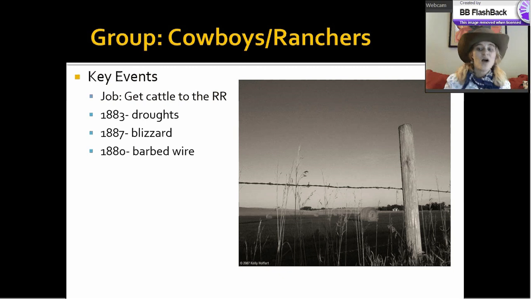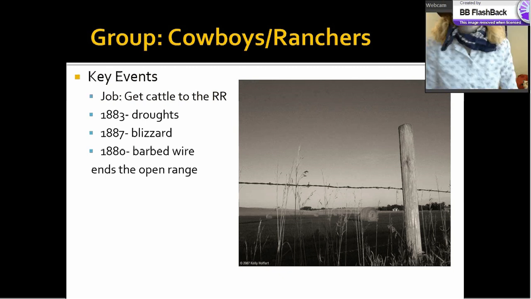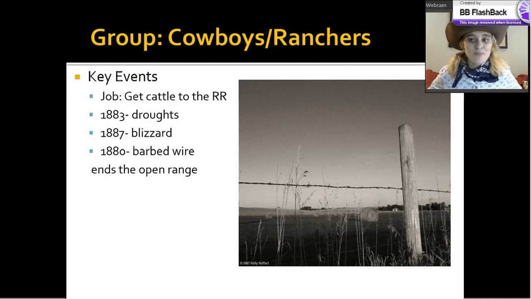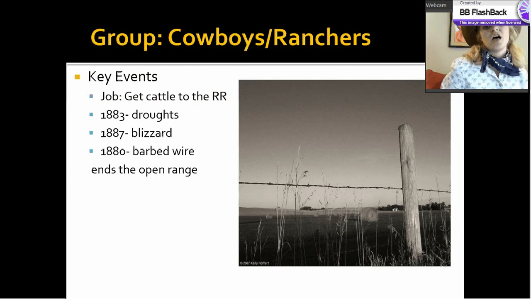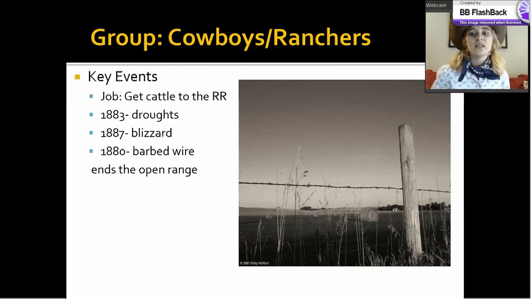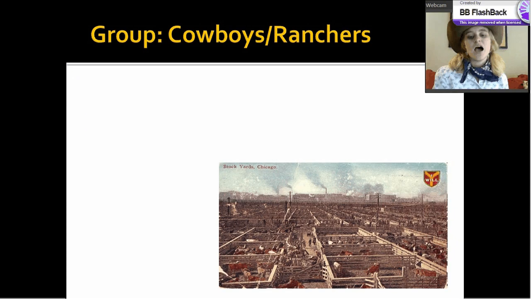And so barbed wire really brings an end to the open range because they cannot move their cattle. So this is going to be a big issue for a lot of the cowboys, and like I said, really brings an end to the cowboy era. However, as we talked about, that's still something that lives on.